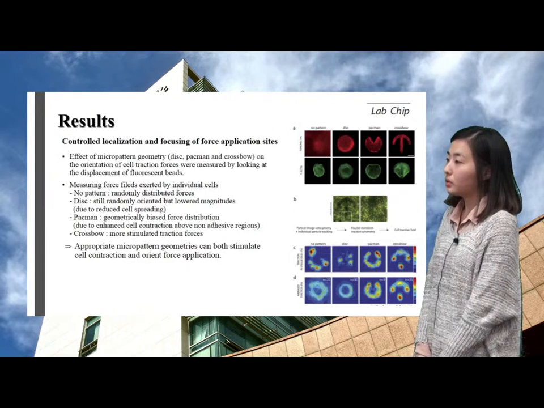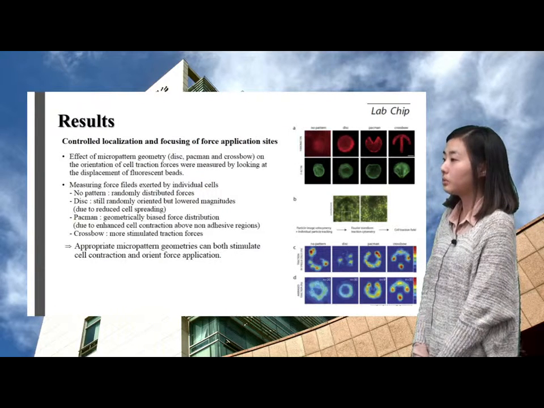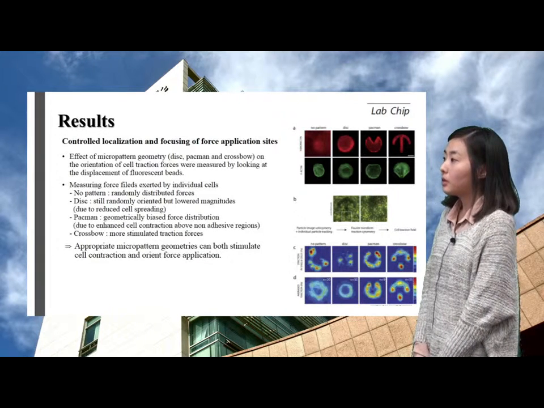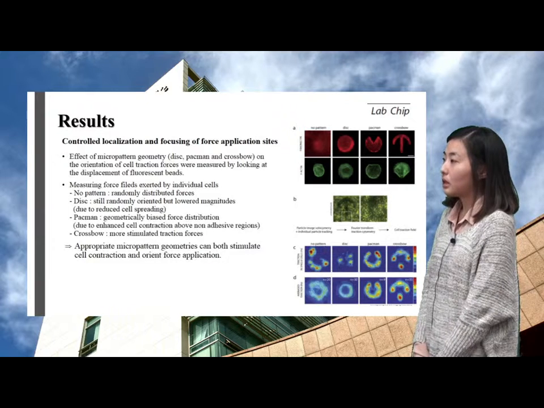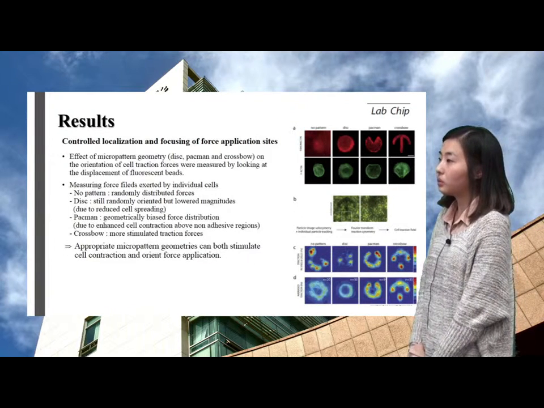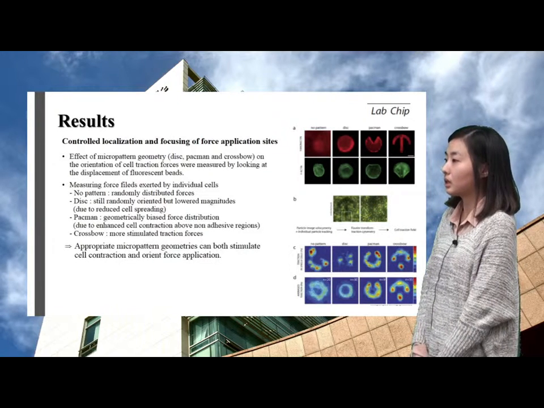The orientation of cell traction forces was measured by looking at the displacement of fluorescent beads. By measuring the force field exerted by individual cells, they could analyze the controlled localization and focusing of force application sites.